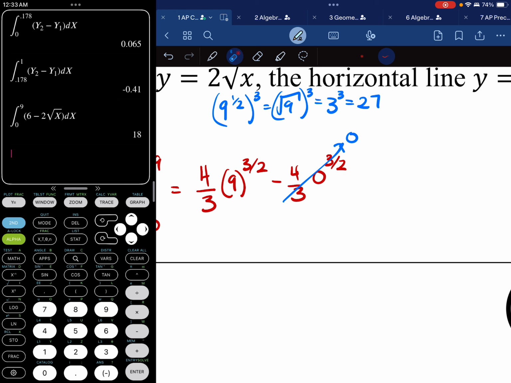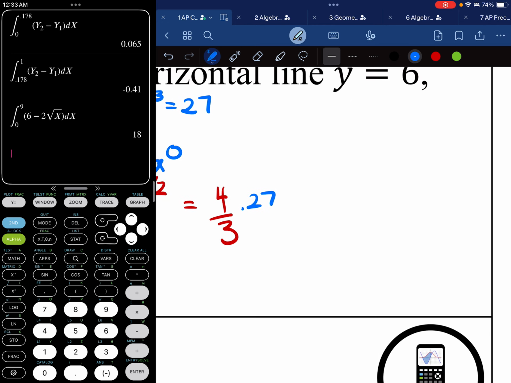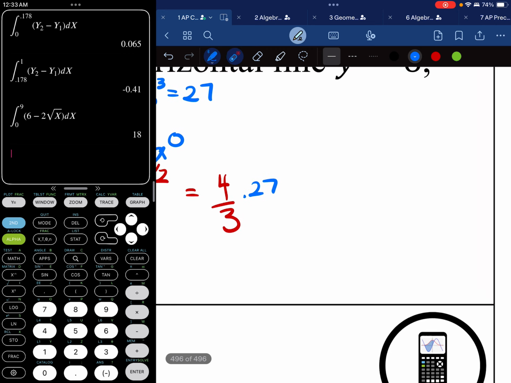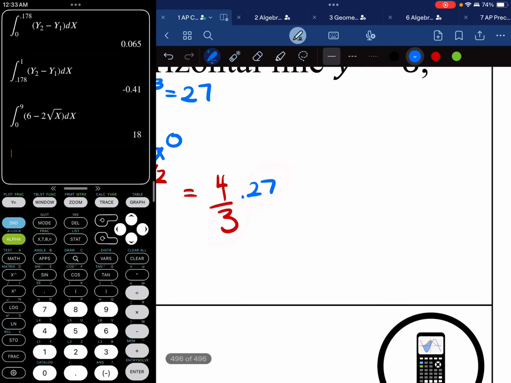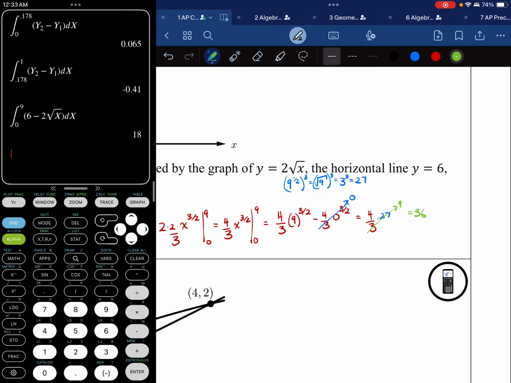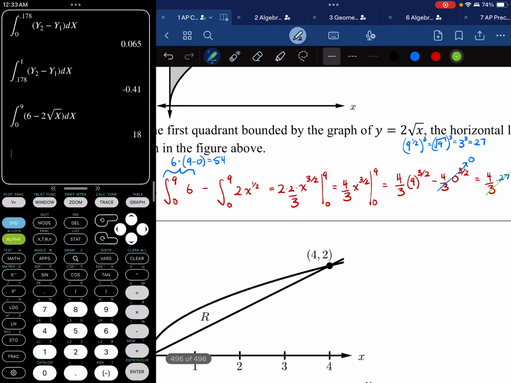So what I really have here is 4/3 times 27. Watch this: 27 and 3 can cross cancel down to a 9, and 9 times 4 is 36. So let's make sense of this.